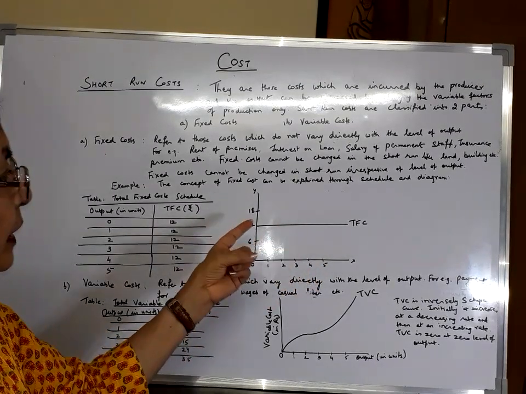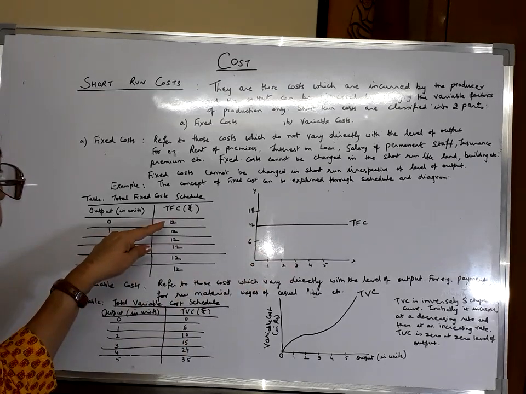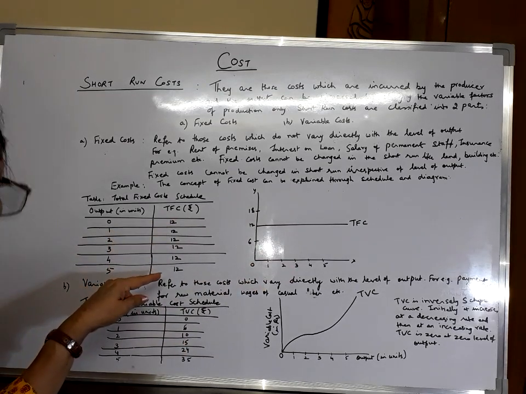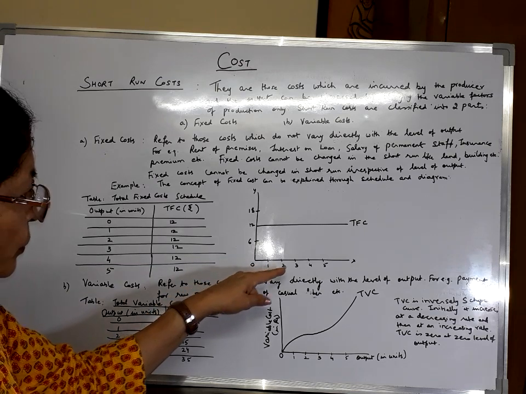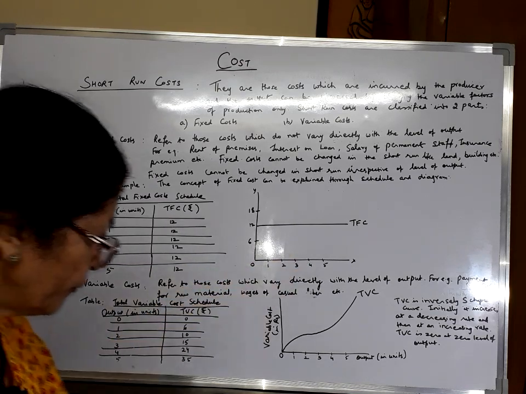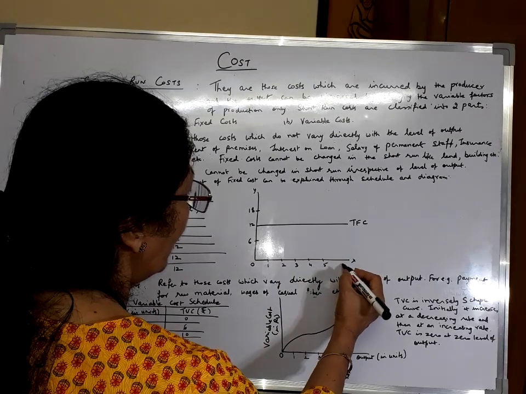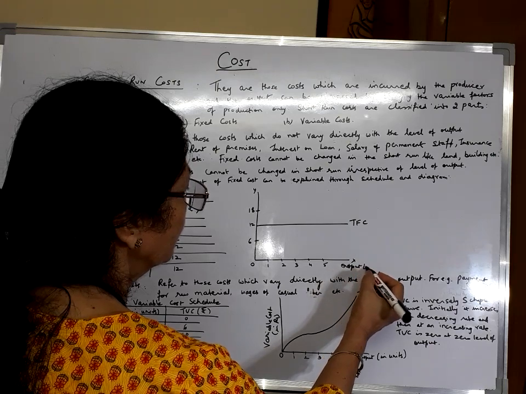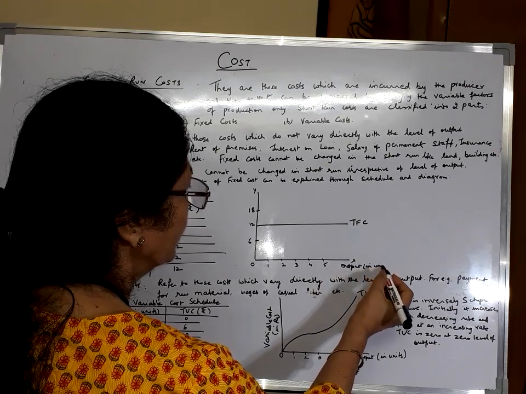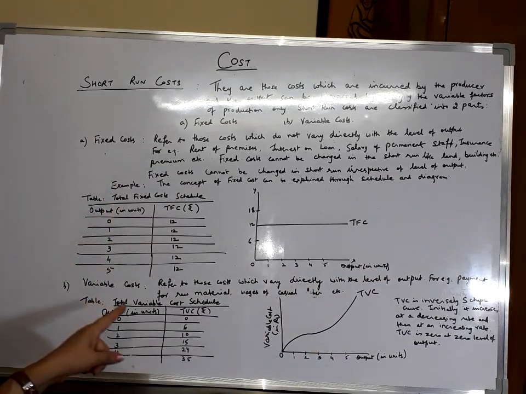You have a horizontal straight line explaining the TFC because total fixed cost remains at 12 rupees whether your output is 1 unit or 2 units or 3 or 4 or 5. So this is your output here, and this is given in terms of units. Is that clear?